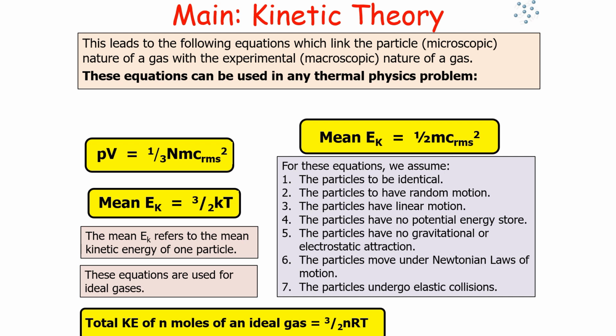And these equations can be used in any thermal physics problem. PV is equal to 1/3 Nm c_rms squared. The mean kinetic energy of the gas is equal to 1/2 m c_rms squared. The mean kinetic energy of one particle is 3 over 2 kT, and the total kinetic energy of n moles of an ideal gas is 3 over 2 nRT.